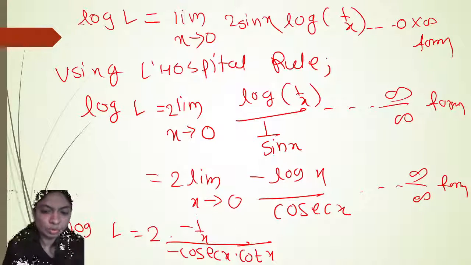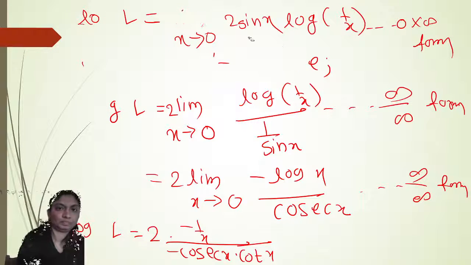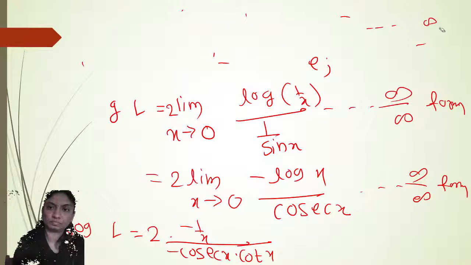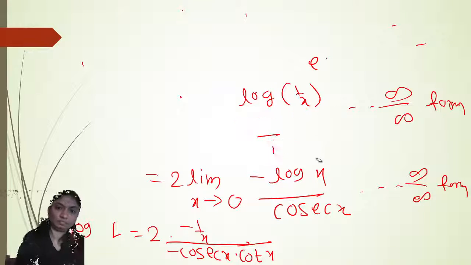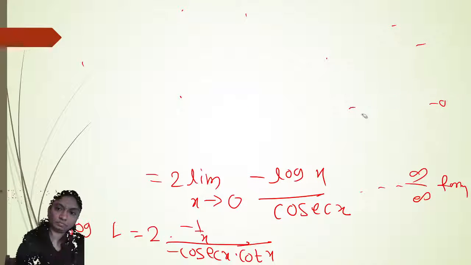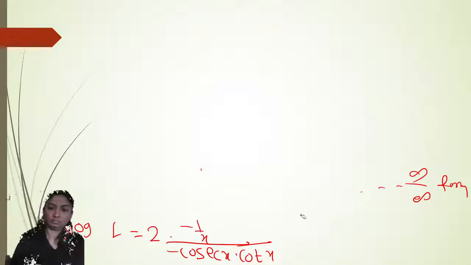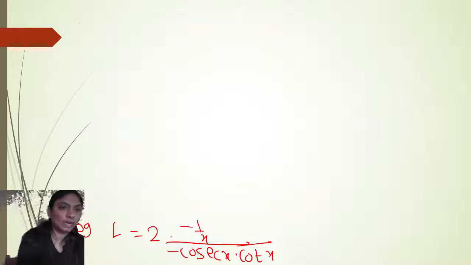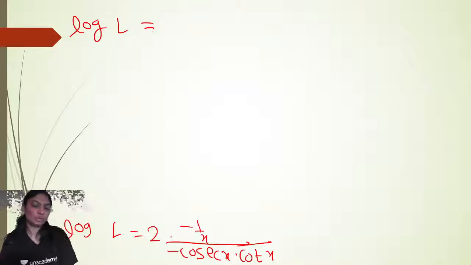So 2 upon cosec x. So log L is equal to 2 into, so this minus minus becomes plus.